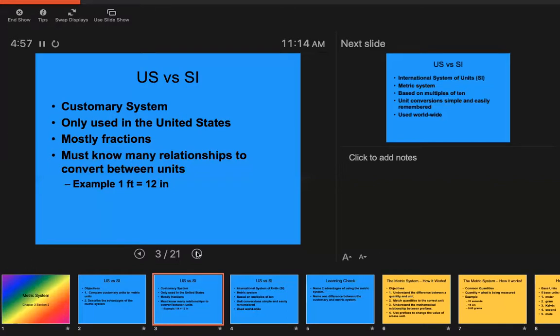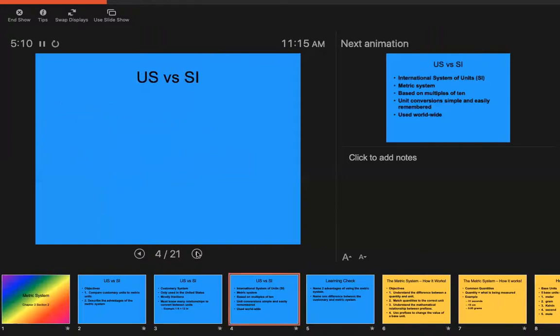It's used in the United States and Myanmar, which is a very small country in Asia. It's mostly based on fractions, and you have to know lots and lots of equalities in order to convert between those. The metric system, or the SI system, the International System of Units, on the other hand, is set up a different way.